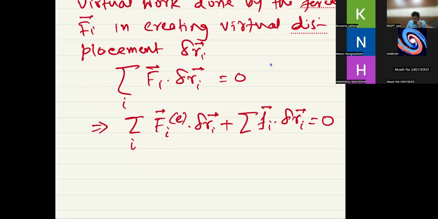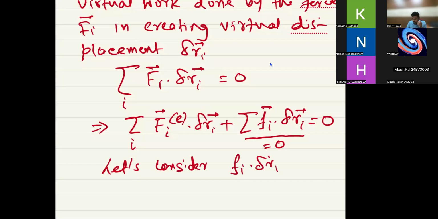Now there is an important concept that these forces of constraint do not do any work. This term is generally equal to 0 when the system is in equilibrium. This is our consideration, so let's consider this fi dot delta Ri is equal to 0.